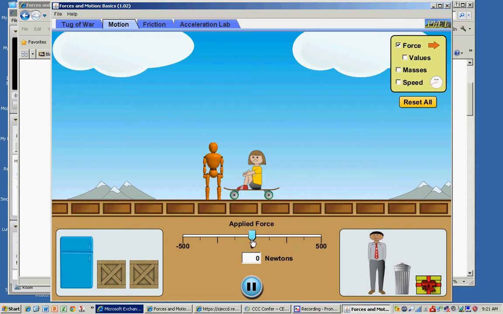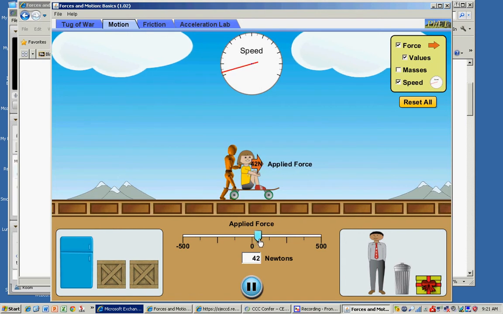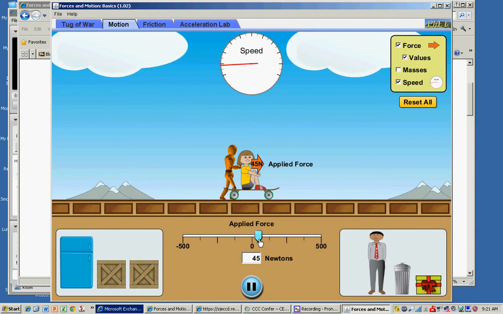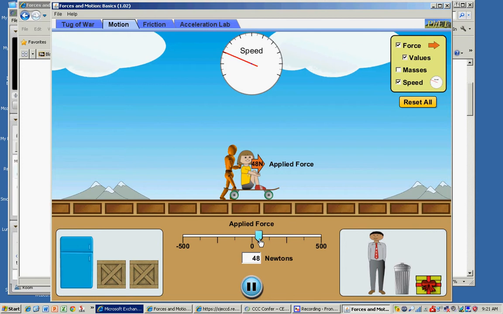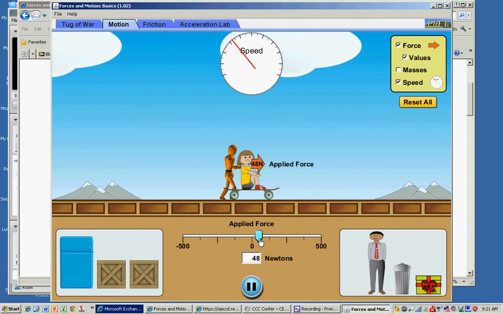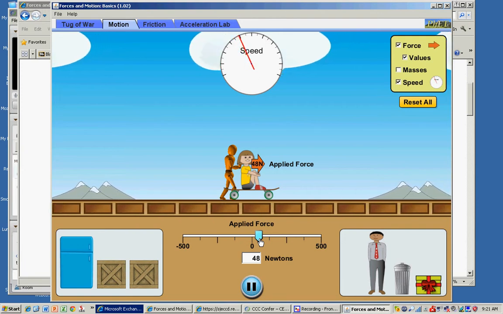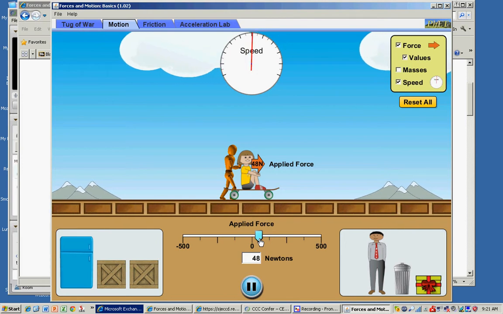And you really should play with that before you start anything. So the girl is there. I want to see speed. And I'm going to apply a force. 3 newtons. How about 45 newtons? I'll keep applying. So look at the speed. The speed is growing because there is a net force that is not 0, so acceleration is not 0.